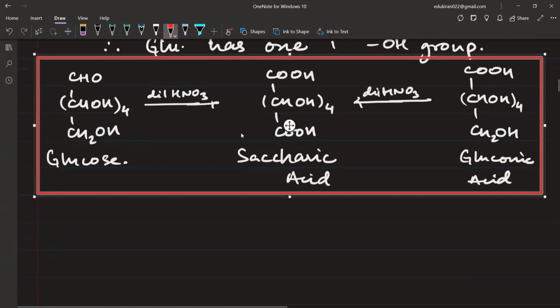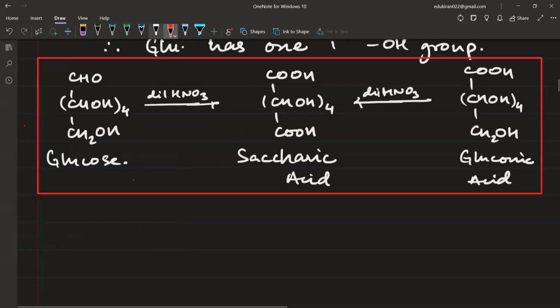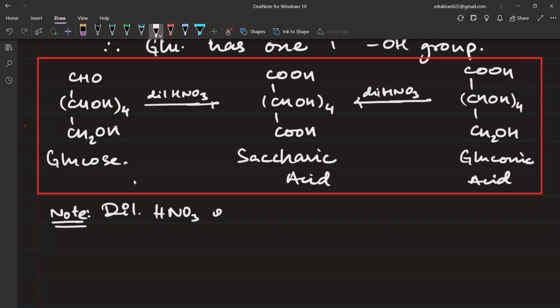Write this down and write a note. Dilute HNO3 is a stronger oxidizing agent than Br2 aqueous, than bromine water.